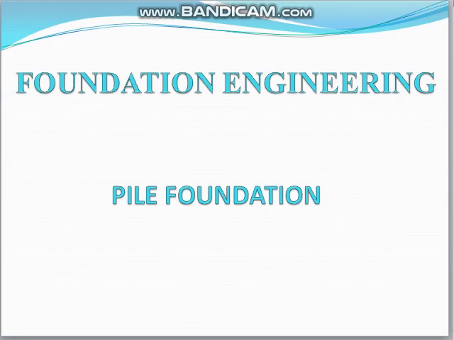Generally, if you see the load carrying structure, a building will have a parapet wall as the top element. The parapet wall load is nothing but dead load. The parapet wall dead load will be coming onto the slab.